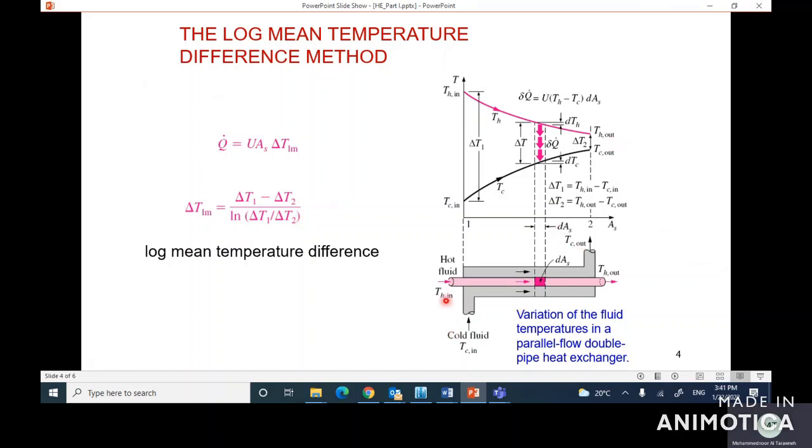Now, the value of delta T1 equals the inlet temperature for the hot stream minus the inlet temperature for the cold stream, and delta T2 equals the outlet temperature for the hot stream minus the outlet temperature for the cold stream. This applies for a co-current heat exchanger.